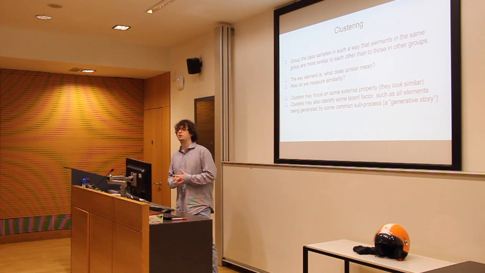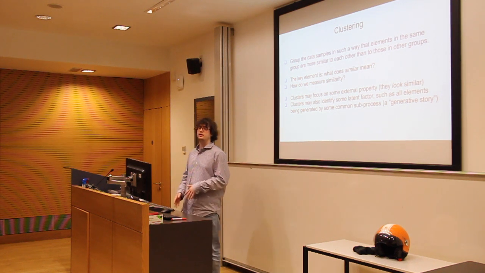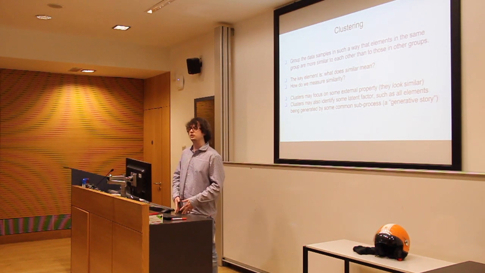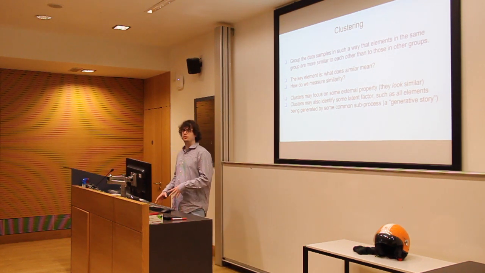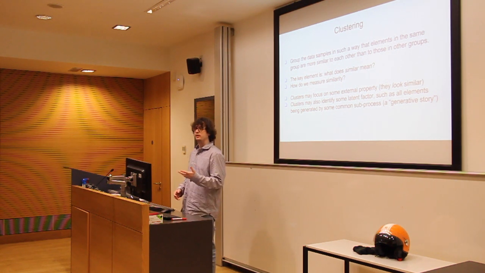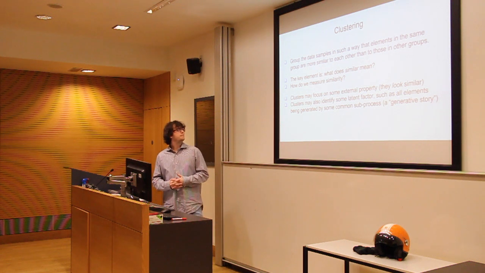For example, they might respond better to a certain type of ad or to a certain form of communication. And if you are able to identify these subgroups in your data, you can target your communication and your advertisement in the best way and hopefully have better results.